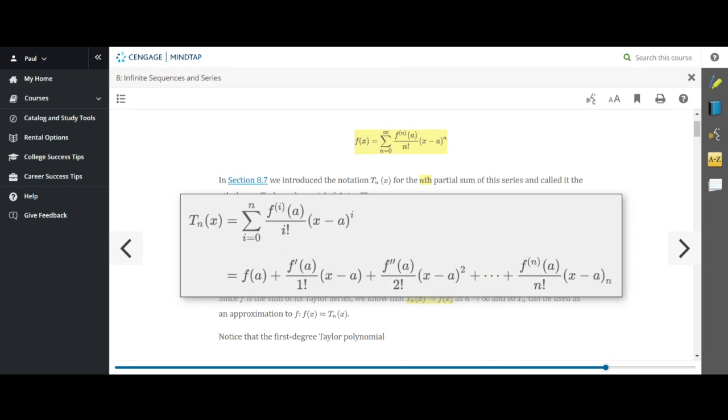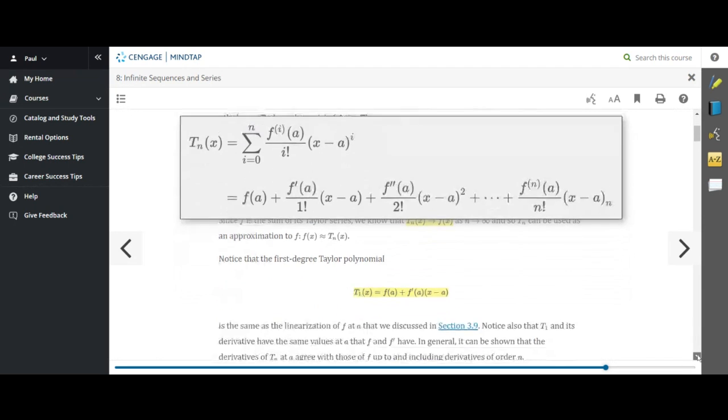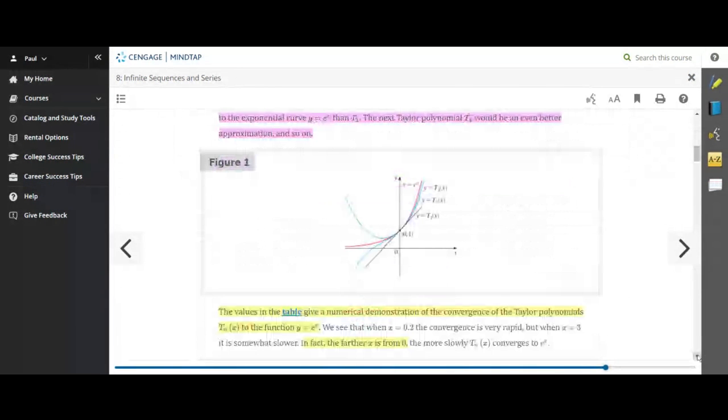And of course, if you have a function and its Taylor series, and then you look at Taylor polynomials, the more and more terms of the Taylor polynomials you use, the better the polynomial will approximate the function. Like for example, in figure 1, I have some examples I want to do with you.